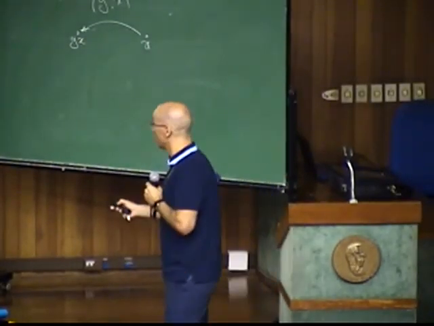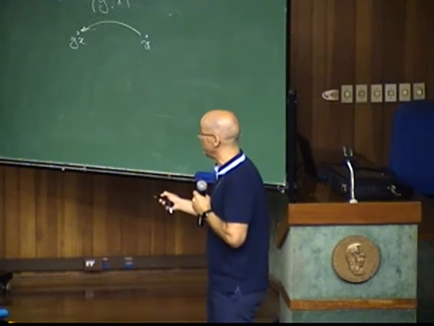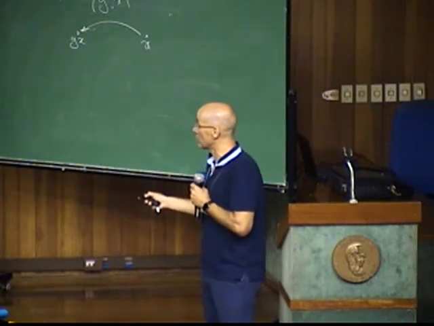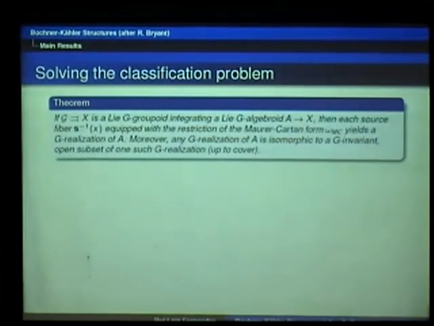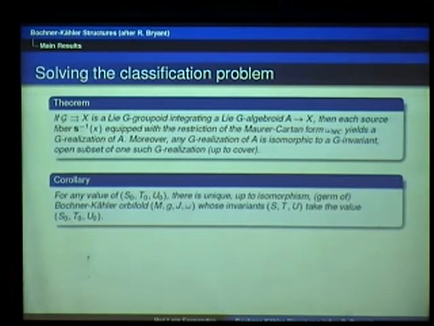And this thing is universal in the sense that any solution is going to be isomorphic to one such solution, at least up to cover. So you are guaranteed that all solutions will appear in this way somehow. So if you go back now to the Bochner-Kähler situation, here is what you conclude.